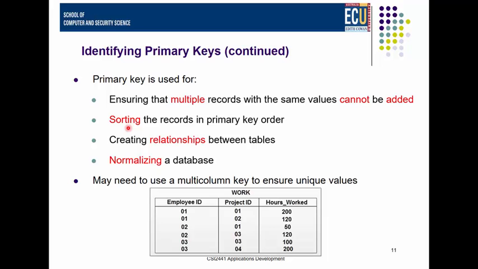Again, these are numerical keys most of the time, and they can be indexed, and sorting can be done. And I will show you some examples on upcoming slides. And these are very critical to create relationships. Okay, and they are also important when we are normalizing the database. Again, normalizing and relationships we will discuss in a few seconds.